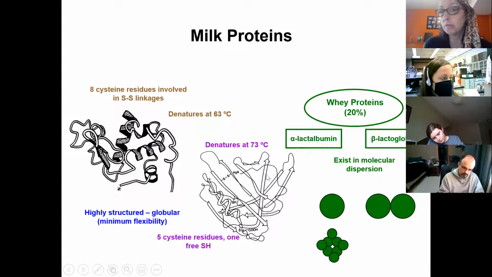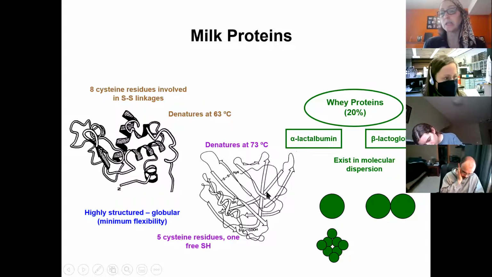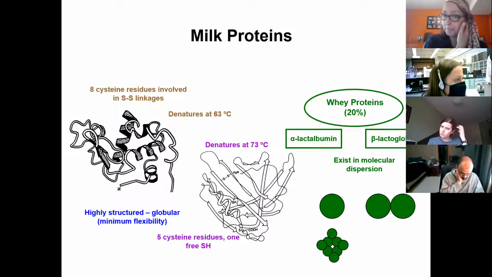Beta-lactoglobulin mostly denatures at an average of 73 degrees C, whereas alpha-lactalbumin denatures at 63. But definitely, as you heat, even at 60 or 65, beta-lactoglobulin starts to gradually denature. But the peak denaturation is at 73 degrees.